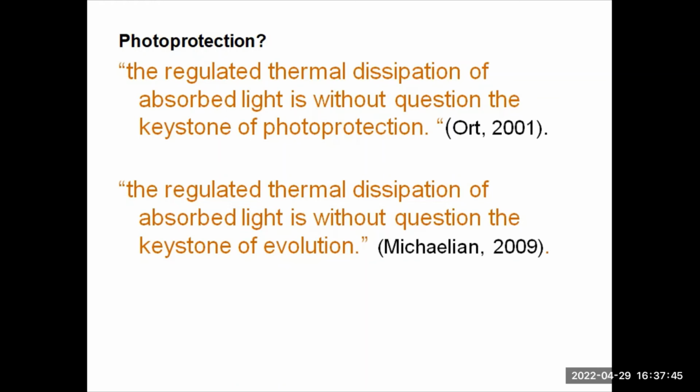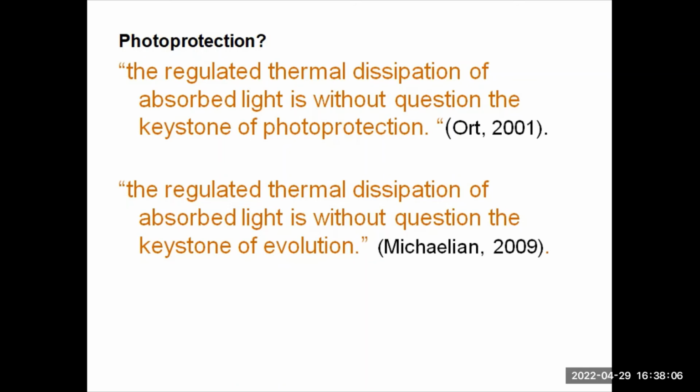So for example, in 2001, this biologist wrote that the regulated thermal dissipation of absorbed light is without question the keystone of photoprotection. So they are saying that these pigments in the absorption are for photoprotection.